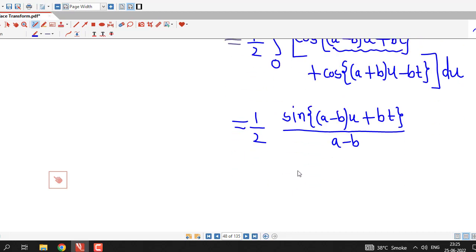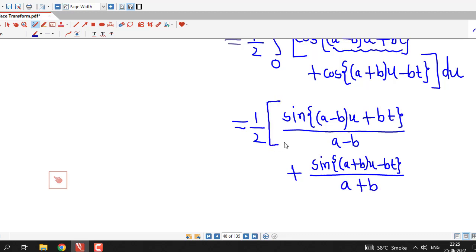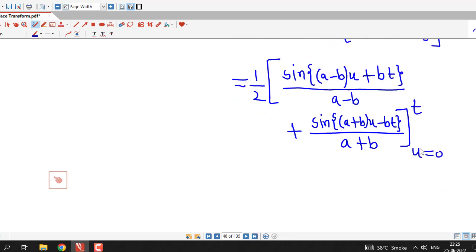And similarly integral of cosine of a plus b into u minus bt, that is going to be sine of a plus b into u minus bt divided by a plus b. Limits of integral are from u equal to 0 to u equal to t.